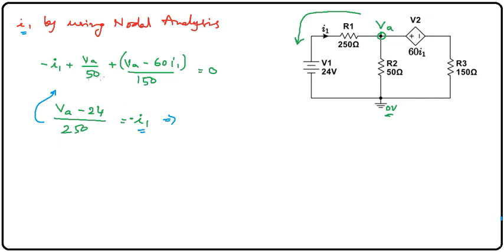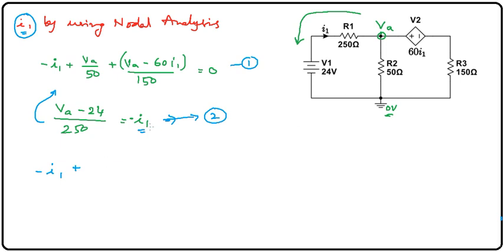so we have two equations and two unknowns. One is I1 and VA, but we want only I1. So it's better for us to replace VA in equation 1 with I1, so that we can make the entire equation 1 in terms of I1 only, so that I1 will come very easily. So let me solve this. So minus I1 plus VA by 150.